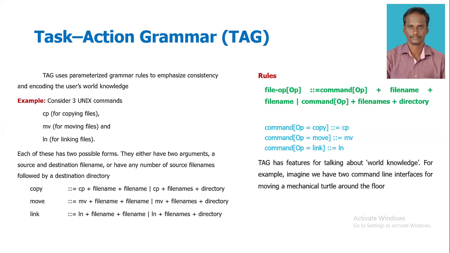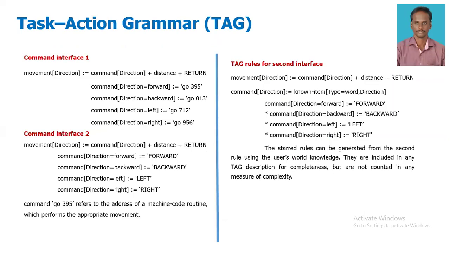For example, imagine we have two command line interfaces for moving a mechanical turtle around the floor. For that, we write two interfaces, one with command rules and one with TAG rules. For command, we have two interfaces, command interface 1 and command interface 2. Initially, the movement is based on the direction.